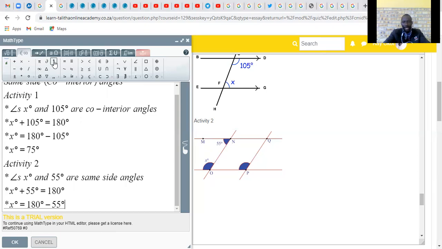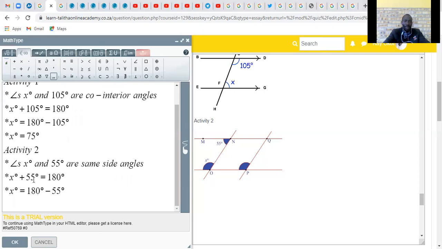Now, as I indicated a little bit earlier, when a number is transferred from one side of the equal sign to another side of the equal sign, the sign of operation in front of that number changes. If it is a minus sign, it will become a plus. But since we had a plus sign in front of 55, it will become a minus.